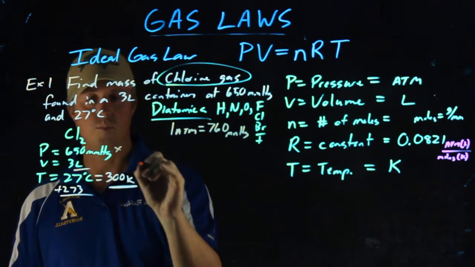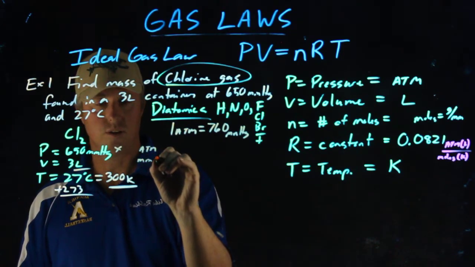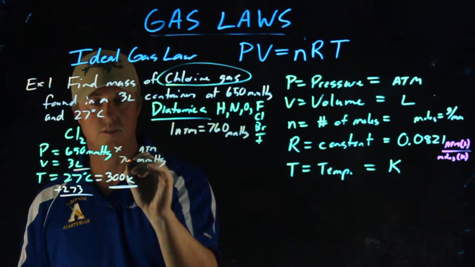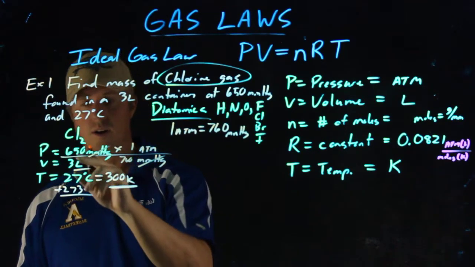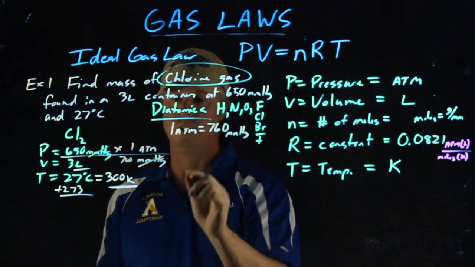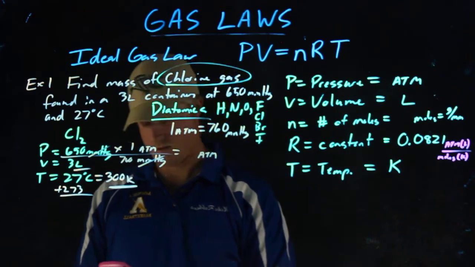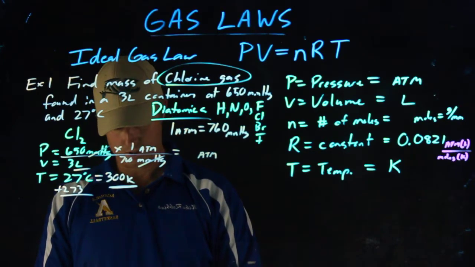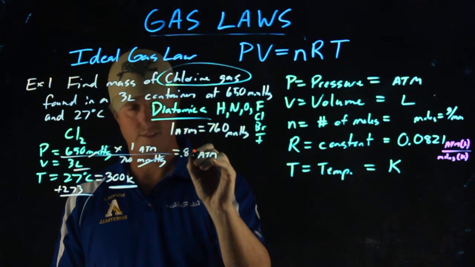So I'm going to take this number and multiply by the unit I want. I want atmospheres. I already have mmHg, so mmHg will cross out. I'm left with 650 times 1 divided by 760, which will give me my units of pressure. So it's 0.855.